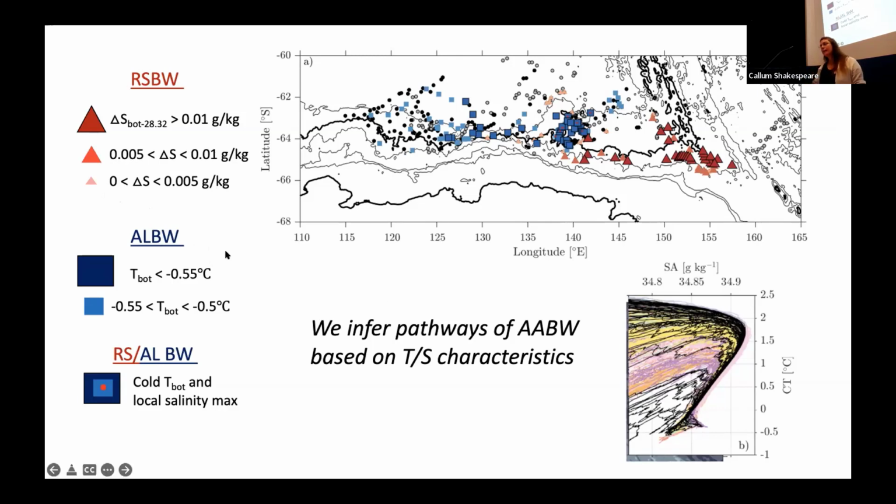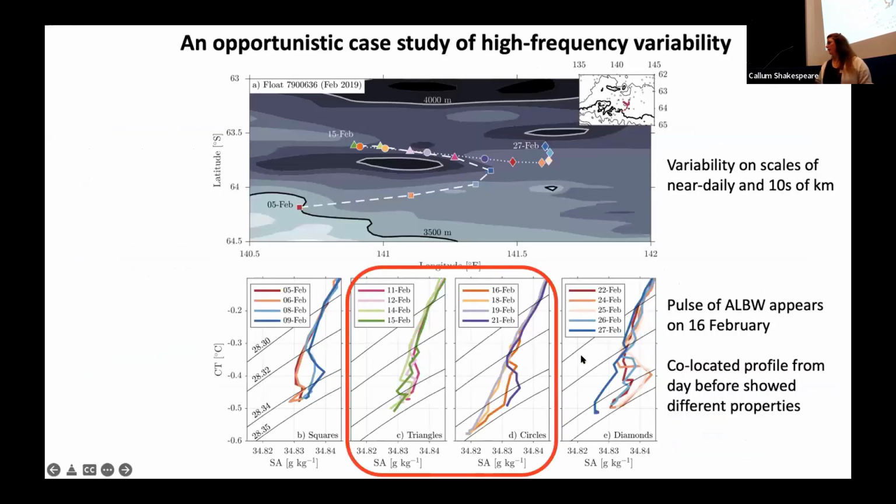Similar with Adelie Land bottom water, we say if it's very cold, it's a strong signal. If it's not as cold but still cold, it's kind of standard. And then there are some instances where you actually see Ross Sea bottom water sitting above Adelie Land bottom water, sort of like that.